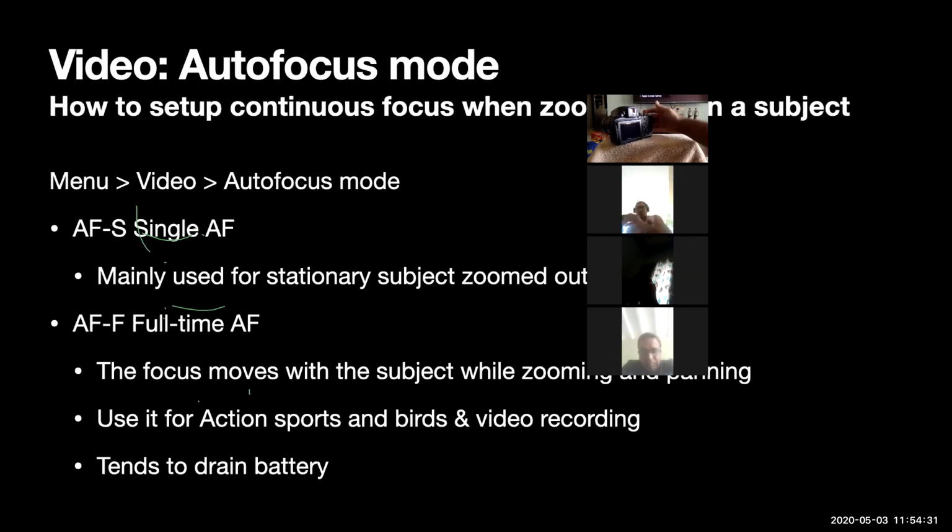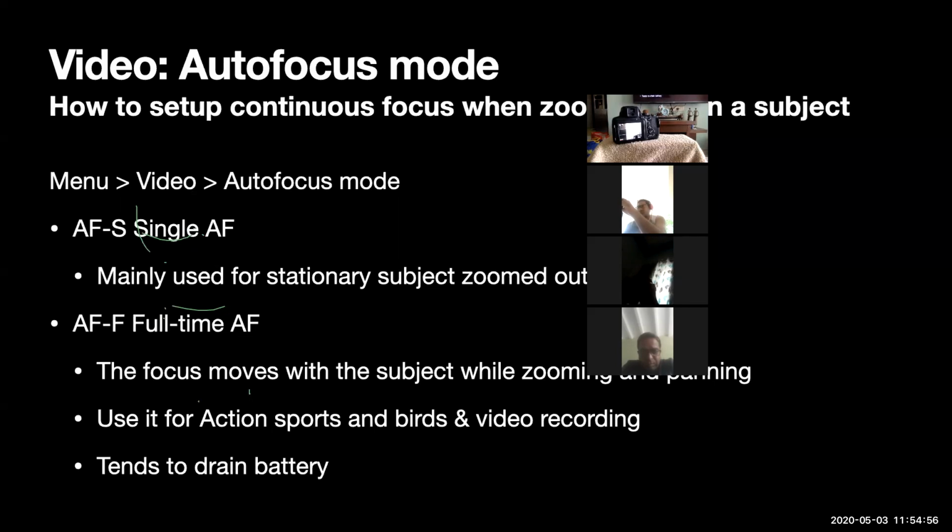Now if I zoom onto it, you'll see that the ball is fully in focus right now, whereas if I move on to the oranges, they will not be in focus. So this particular mode is useful when you know where the subject is and it is not moving.